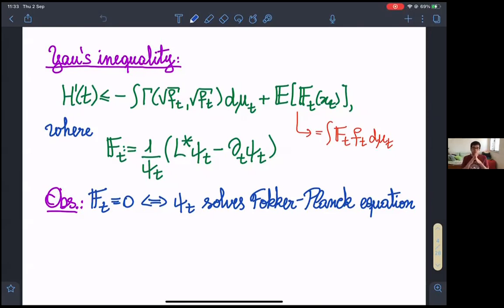So we want to get information about the long time behavior of the Markov chain, and the idea is that if we can guess a reference measure nu which is close to the invariant measure, maybe using Gauss inequality you can show that this entropy is uniformly bounded in time.